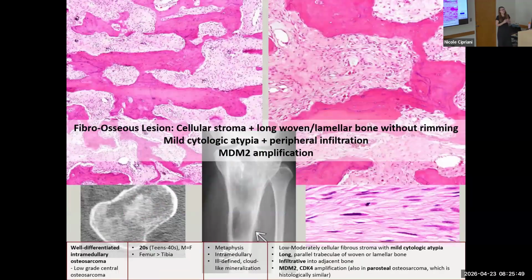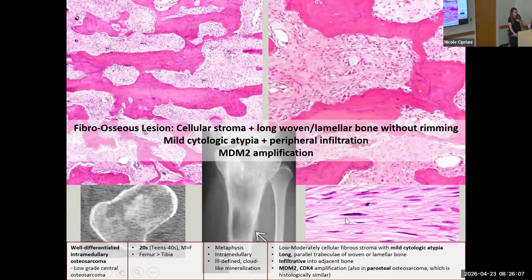Okay, this is very similar to primary intramedullary fibroblastic osteosarcoma, which is sometimes called low-grade central osteosarcoma. Again, most osteosarcomas happen in the same age range, teens to 20s, around the knee.